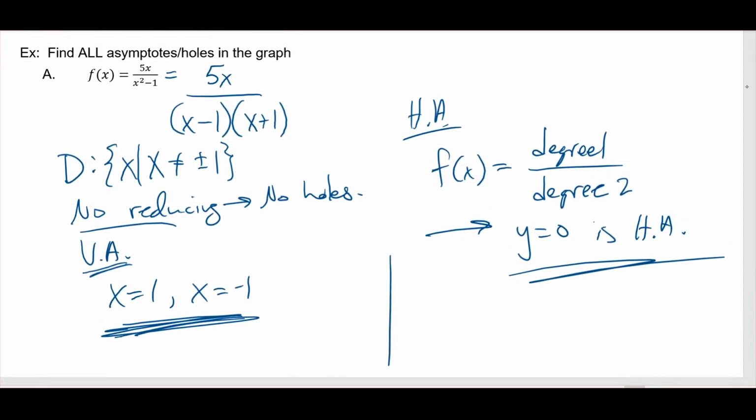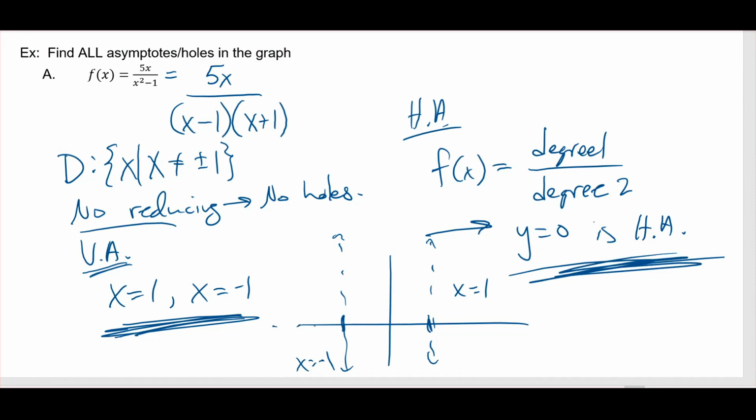Okay, so try to put it together, see kind of what the picture is going to look like. We're going to have an asymptote at x equals 1. We're going to have an asymptote at x equals negative 1. And we can start thinking about other points that we should have on the graph, right? Well, y equals 0 is a horizontal asymptote, so that's here.